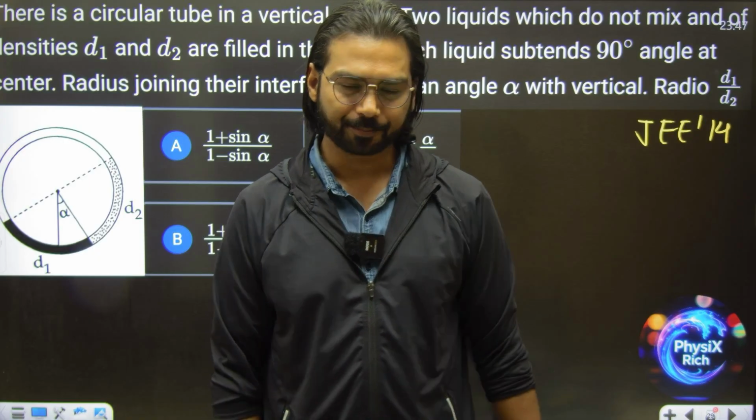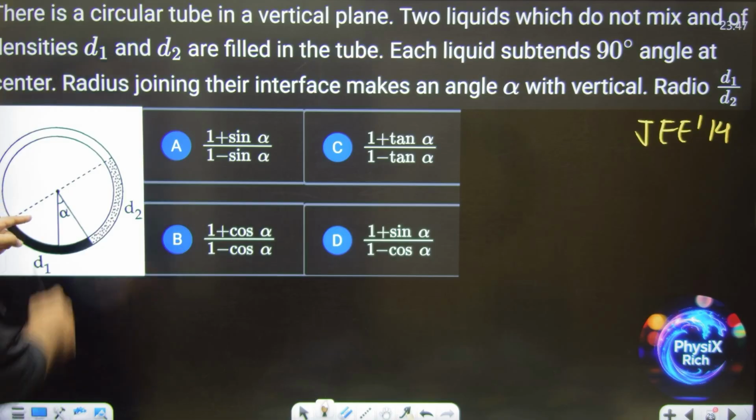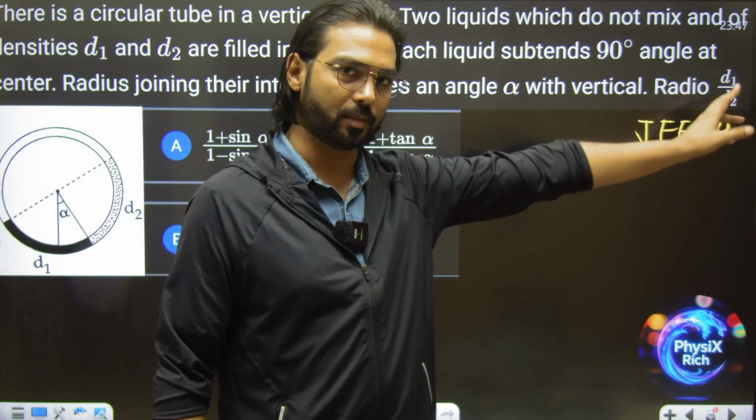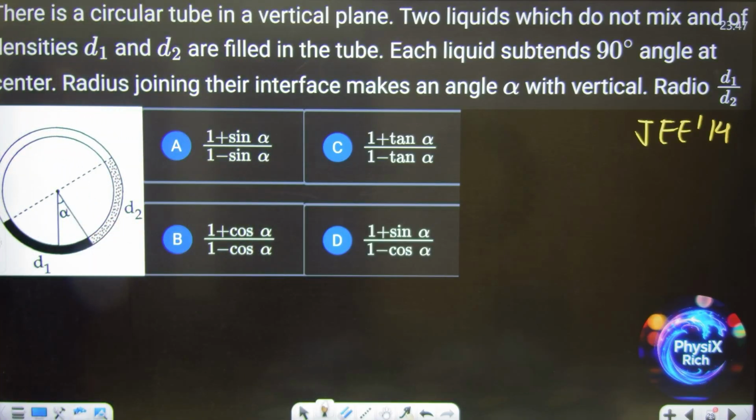Then in that case, this alpha should be 45 degrees because this liquid will sit exactly in the center. I should get this ratio to be 0. Which of the options do you think becomes 0 if you put alpha equal to 45?